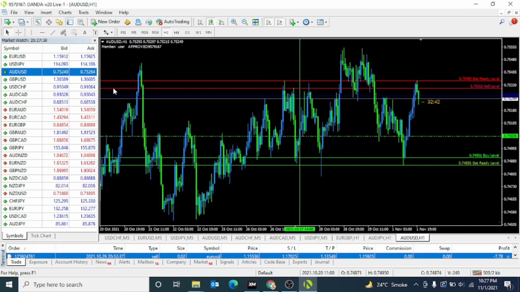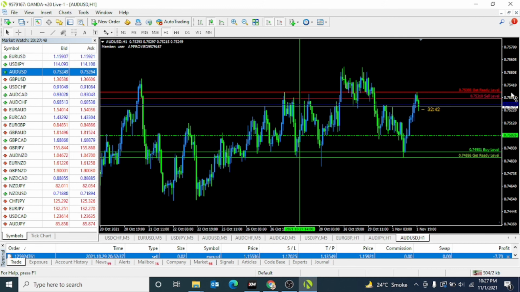Similarly, here when the market was at this point, it means get ready for the buy signal, and when the market was upside, you can see the market is going up. So it is very easy for beginners, as this indicator automatically calculates the price levels and the support and resistance levels.